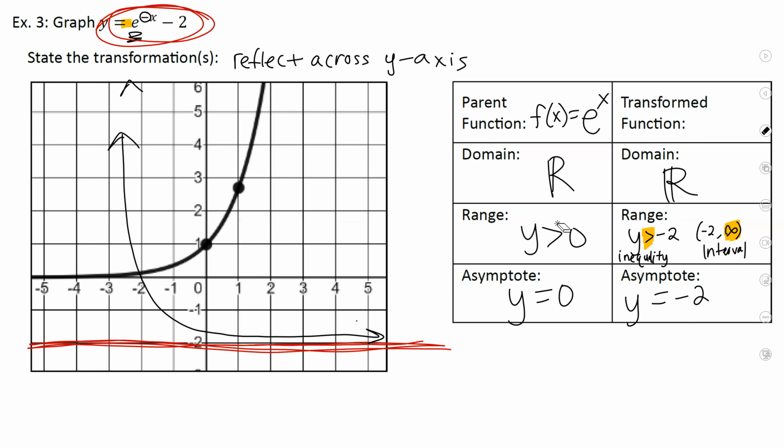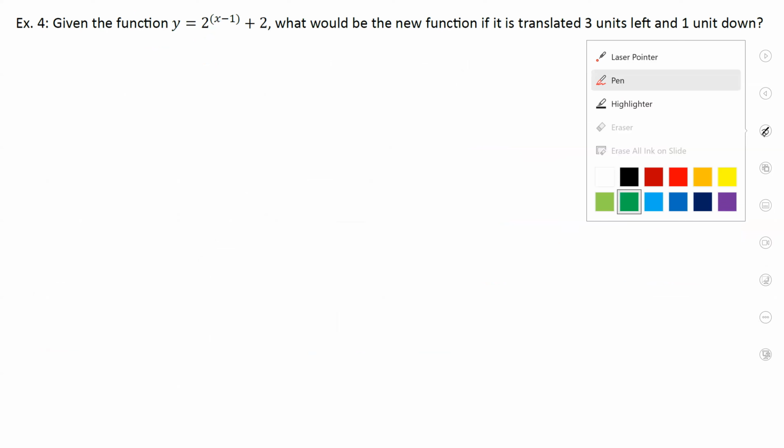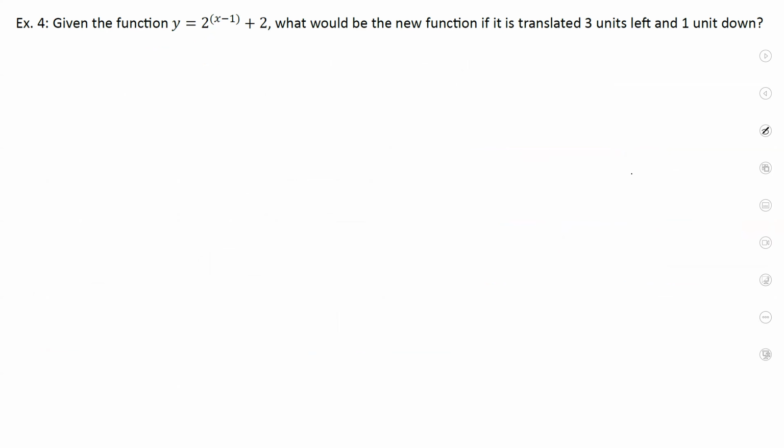All right. Let's do the last example. Here we go, last example. Okay, so let's talk about the transformations here. We're given this function. What were the transformations here? Right 1 and up 2. All right, guys, so I'm just going to talk about this real quick. It went right 1, up 2.